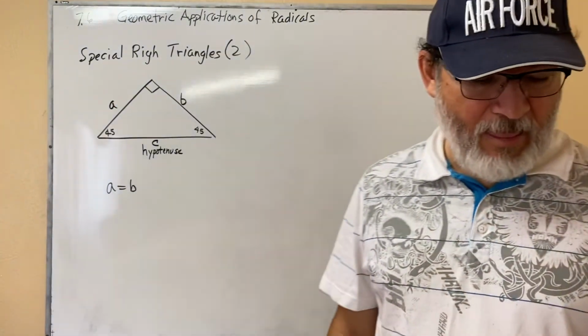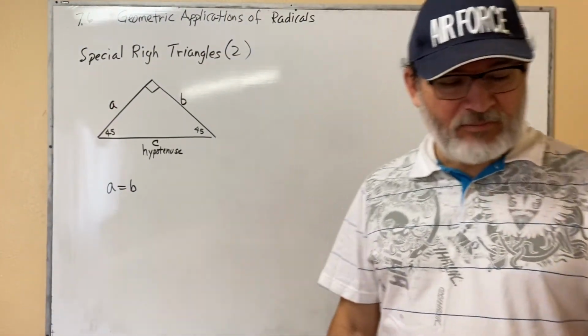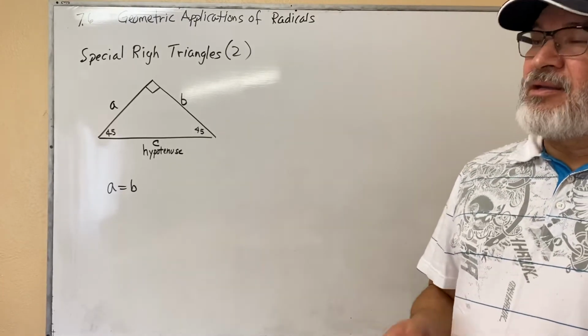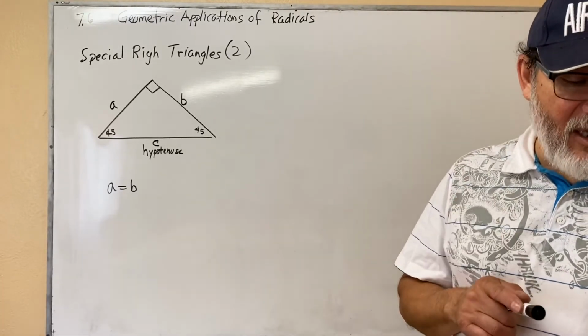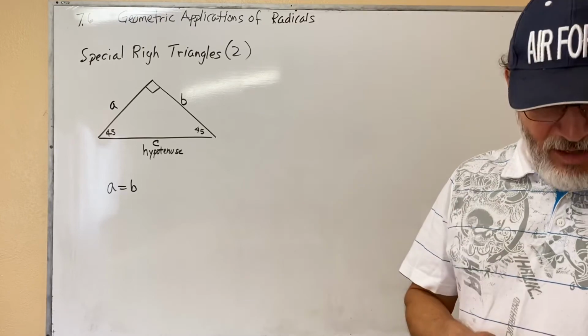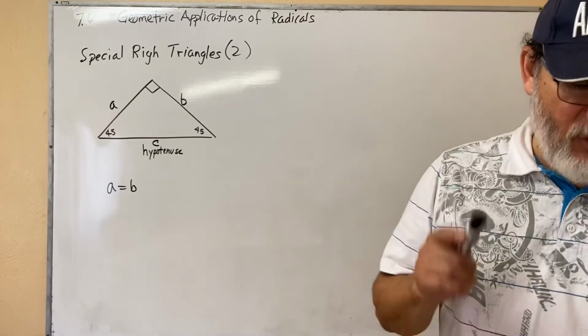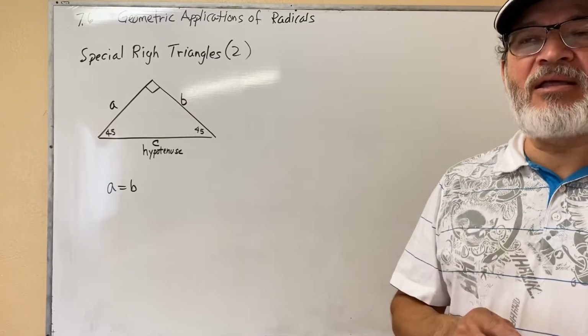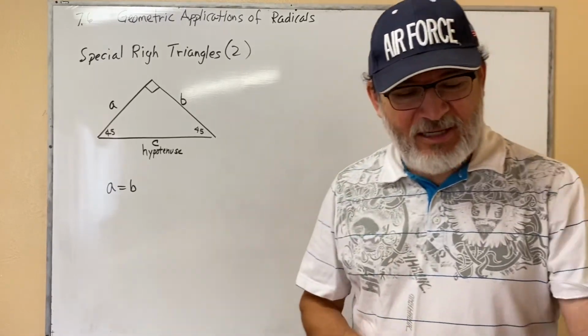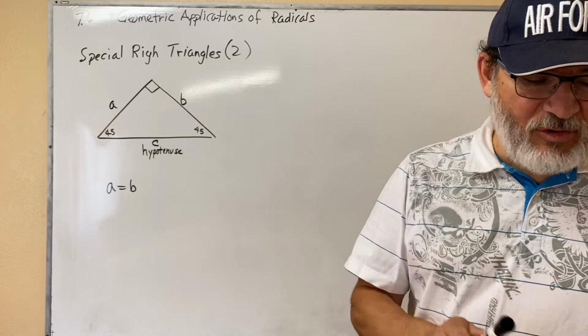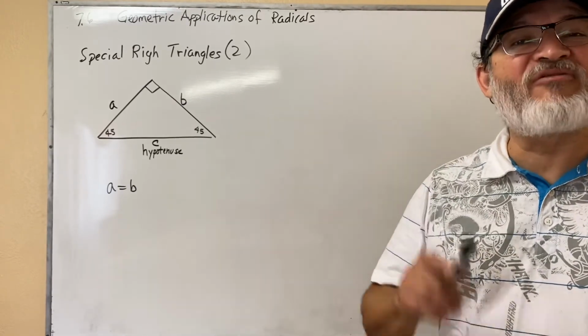Now, in an isosceles right triangle, in a 45, 45, 90 right triangle, the length of the hypotenuse is the square root of 2 times the length of the leg.